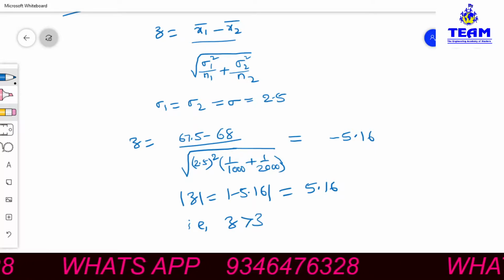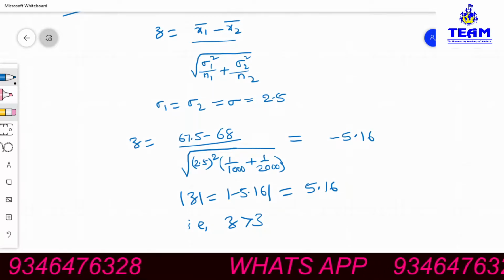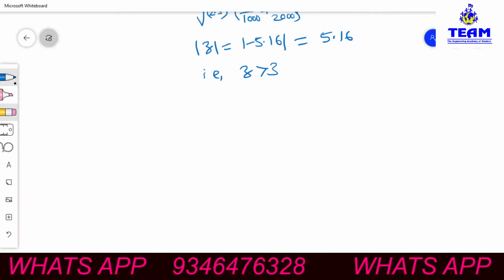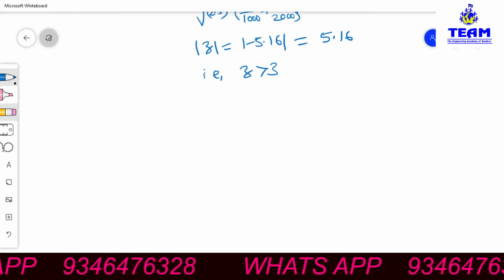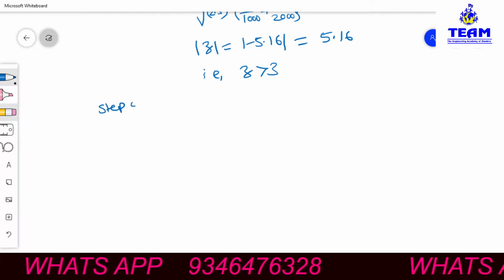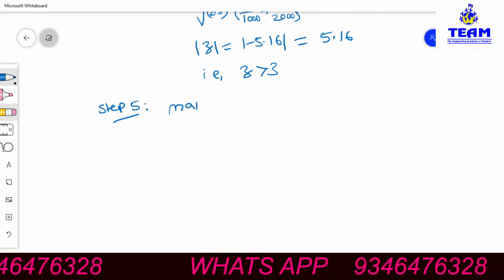So we can conclude this hypothesis is rejected. That is the last step, step 5, making a decision.